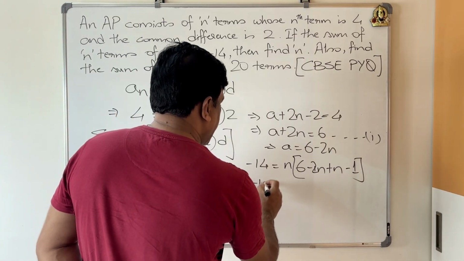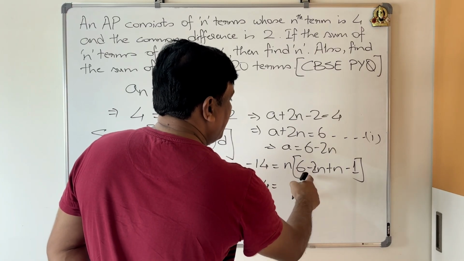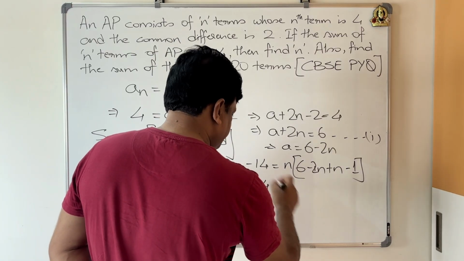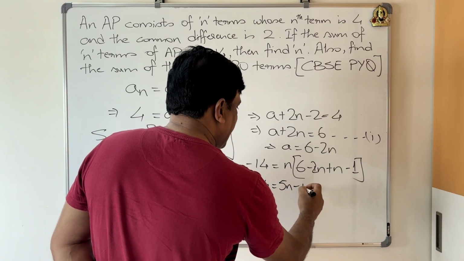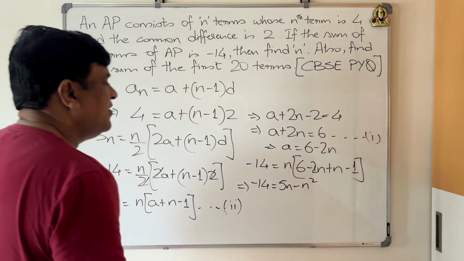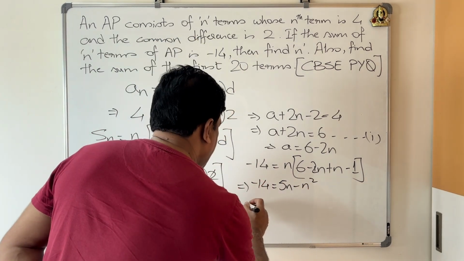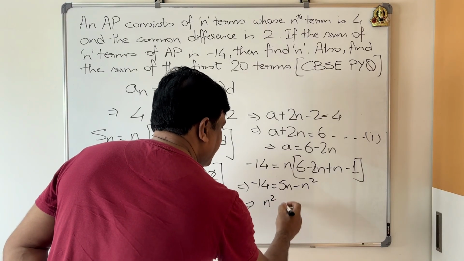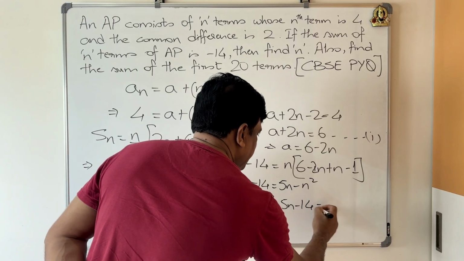Look at it. Minus 14 is equal to n times (6 minus 1, which is 5, minus n). So it is 5n minus n square. Now if I bring this over here, n square minus 5n plus 14 equal to 0.